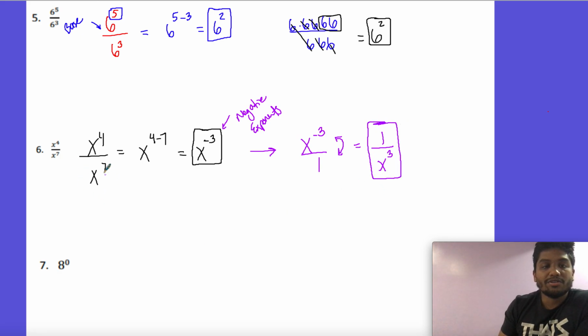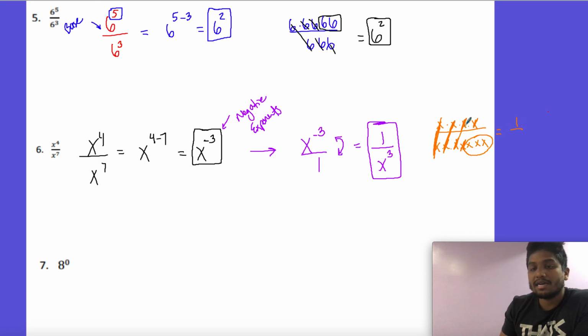Now another way to do this, if we had done it the longer way, you'll see that it also still works if we have 4 x's on top and then 7 of them on the bottom. 1, 2, 3, 4, 5, 6, 7. And if you cross 1 out on top and bottom, 1 on the top, 1 on the bottom, 1 on the top, 1 on the bottom, you'll see that we have as a final answer 1 over, because if there's nothing on top, I can't leave it blank since we do have something on the bottom.